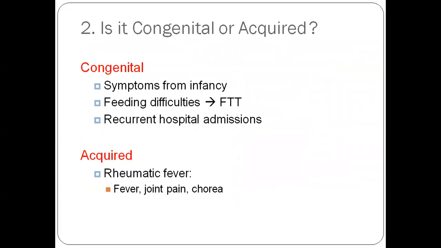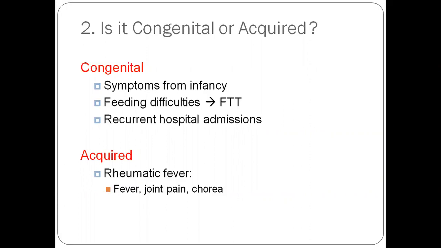So, is it congenital or acquired? We have to first discuss the symptoms of congenital or acquired. Congenital symptoms appear from infancy: feeding difficulty, failure to thrive, and recurrent hospital admission.